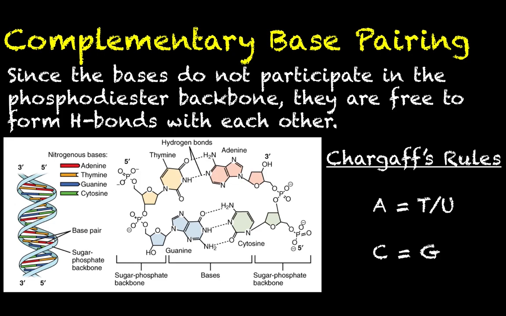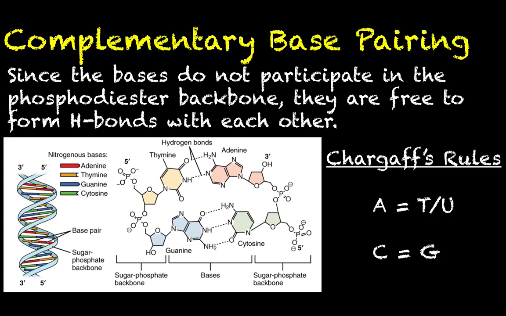Adenine, which is a purine, will always hydrogen bond or base pair with either thymine, which is found in DNA, or uracil, which is found in RNA. And guanine, another purine, will always hydrogen bond with the other pyrimidine, that being cytosine. So you cannot get A pairing with G, you cannot get C pairing with T.